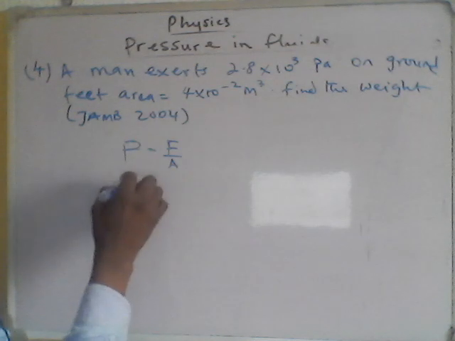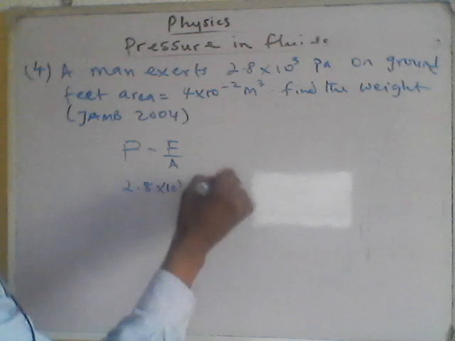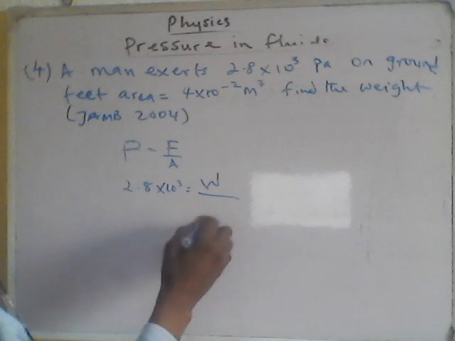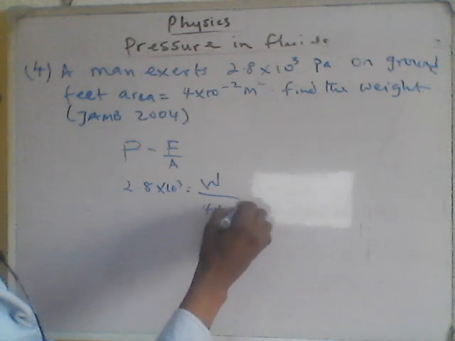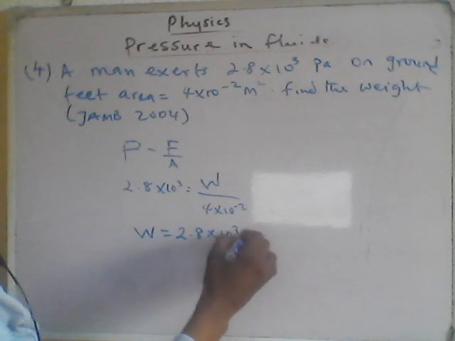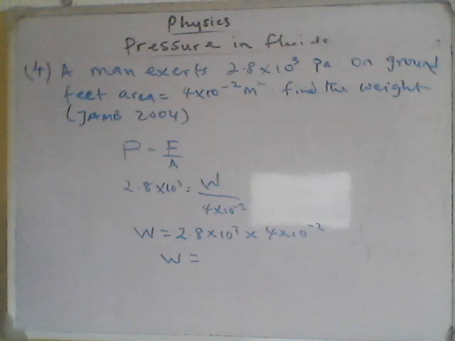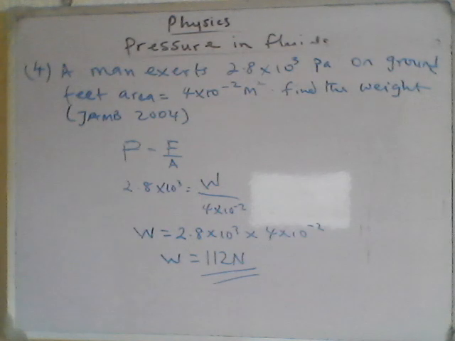The pressure here is given as 2.8 times 10 to the power 3, and the area of the man's feet is 4 times 10 to the power minus 2 square meters. So to get the weight, I will just multiply 2.8 times 10 to the power 3 by 4 times 10 to the power minus 2. So the weight of the man will be 112 Newton. That's the answer.